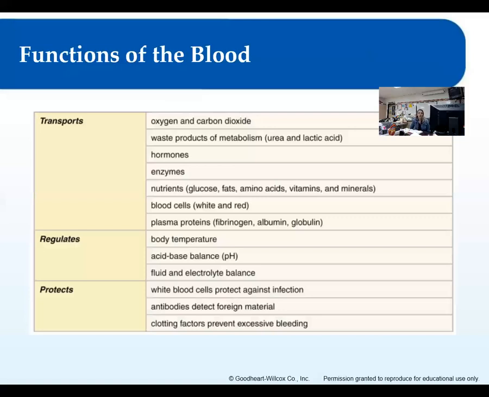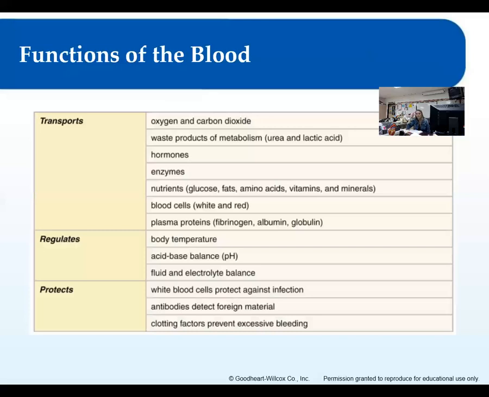It transports hormones. We just talked about hormones. They leave one area and have their target organ, so they travel through the bloodstream till they reach their target organ. Enzymes, we know, act as catalysts and speed up chemical reactions. It carries some nutrients like your glucose, fats, and proteins, all of those things that we need in order to function.